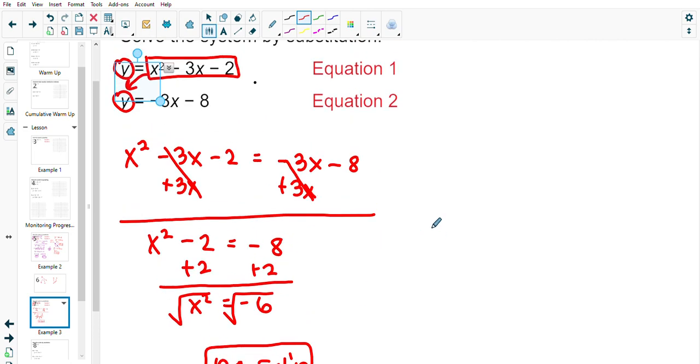For example, it's going to go like this, and then like this, and they just don't ever intersect. So this would be a no solution situation. And that is how you solve a system of nonlinear equations by substitution.